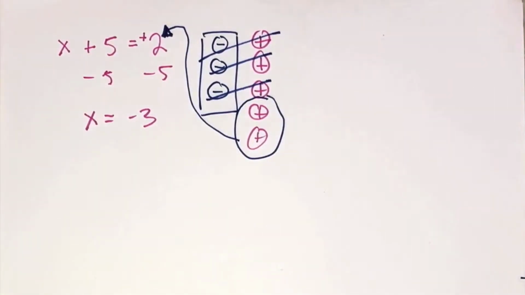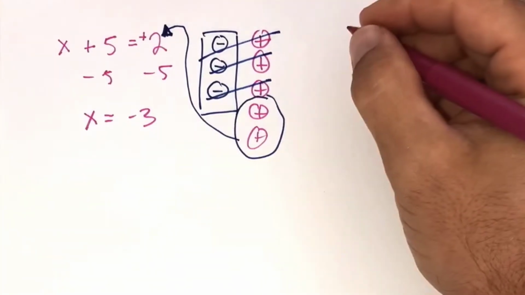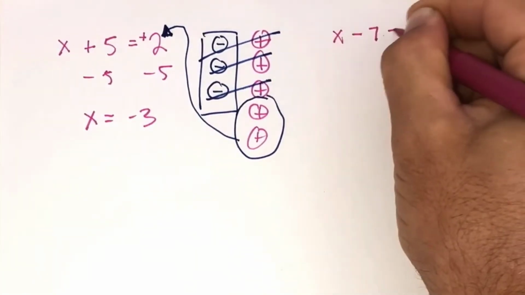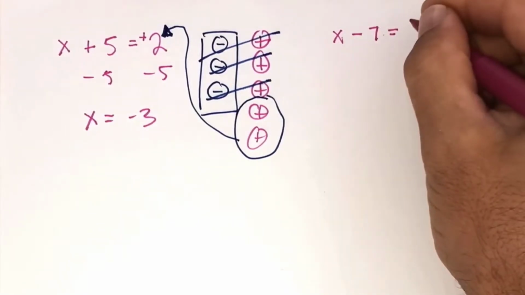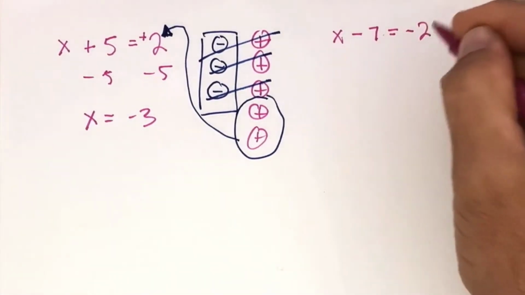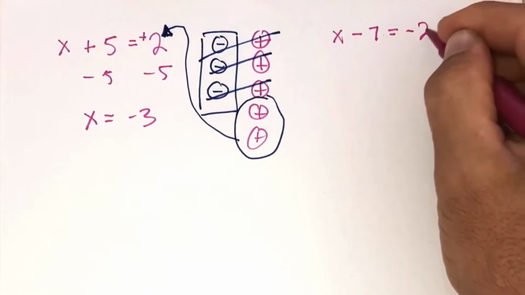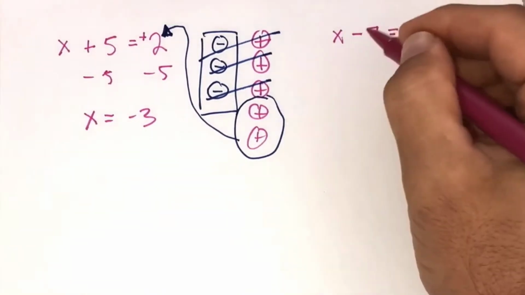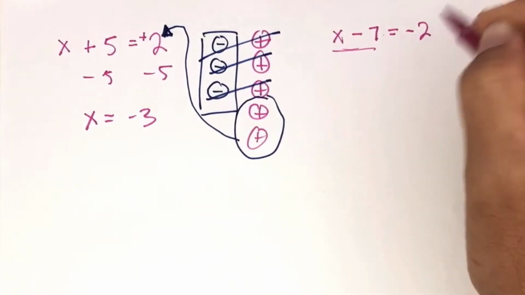Now there are some special, different-style questions which I like to bring up, one of which is where you have a negative in the answer. On the other side of the equation, you have an equation set equal to a negative number.